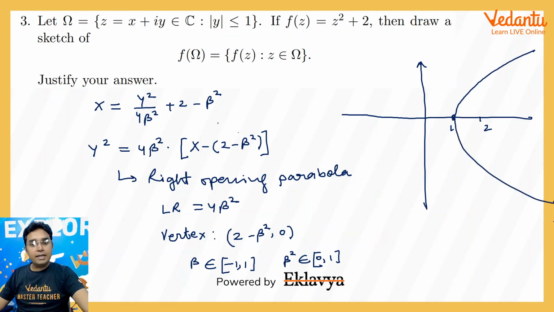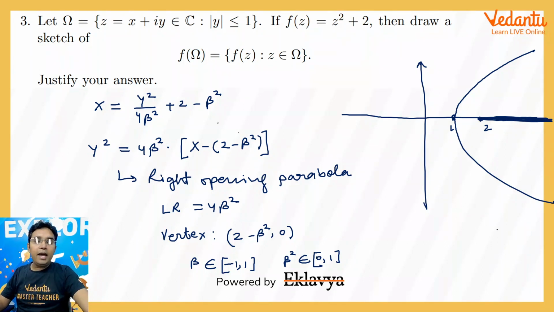If I take the other extreme, in which beta square is at 0, then the vertex will be at 2, but the latus rectum will become 0. That means this will be nothing but a line towards the x-axis like this.